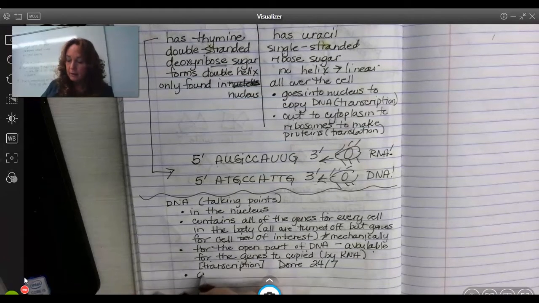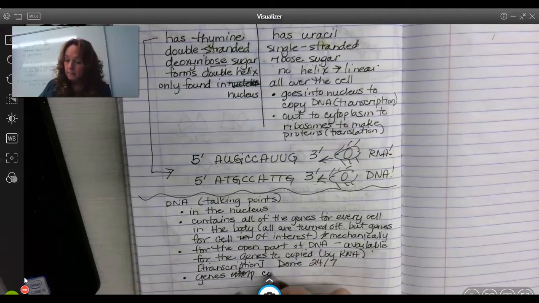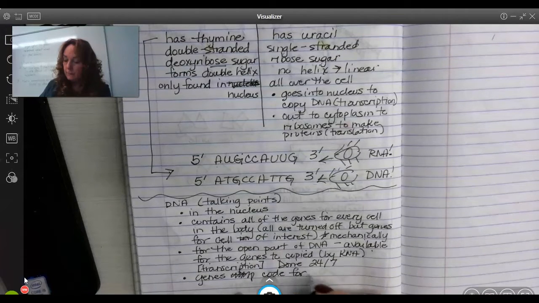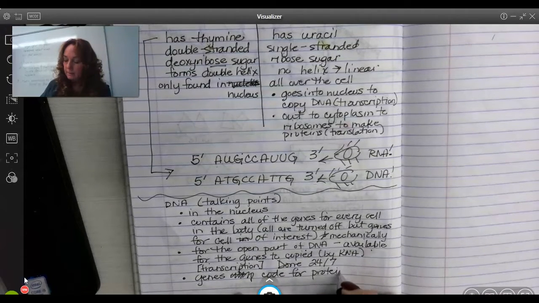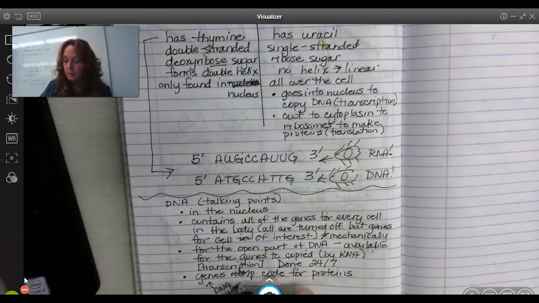Let's just remind ourselves that genes code for proteins. So genes are in the DNA, and that's in the nucleus.